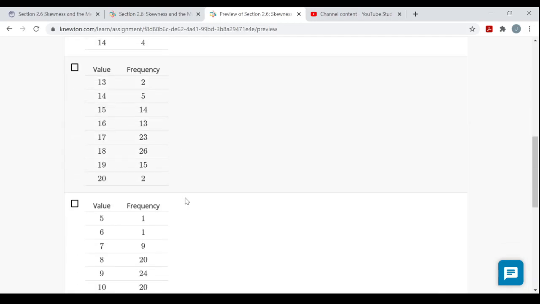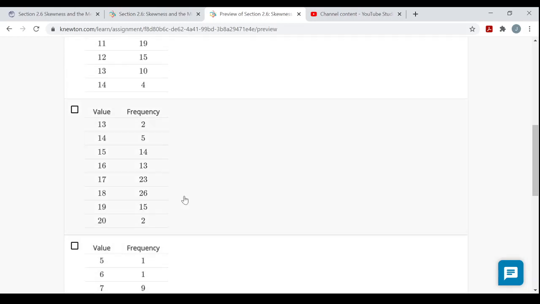All right. This one, again, it's kind of low here in the beginning, then it gets bulky, and it stays pretty bulky. Although there aren't too many bars here. It's 2, then 5, then 14, 13, 23, 26 are definitely the highest ones.